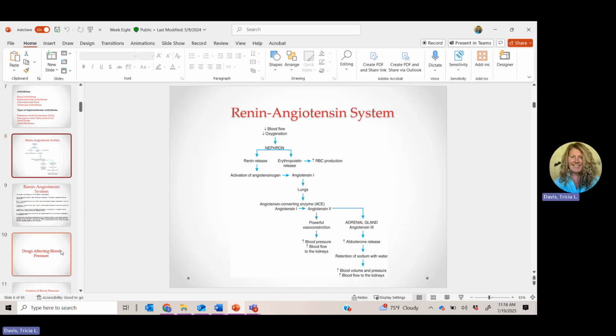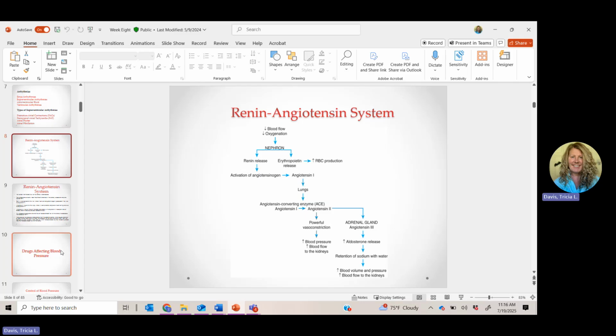The second thing is that angiotensin 2 is going to go into the adrenal gland, where it turns into angiotensin 3. When it turns into angiotensin 3, the body is going to release something called aldosterone, okay? Aldosterone is then going to cause our body to hold on to sodium.